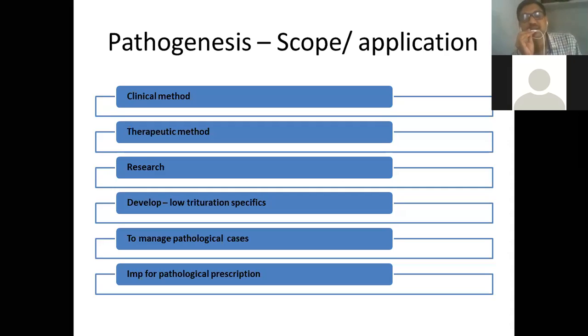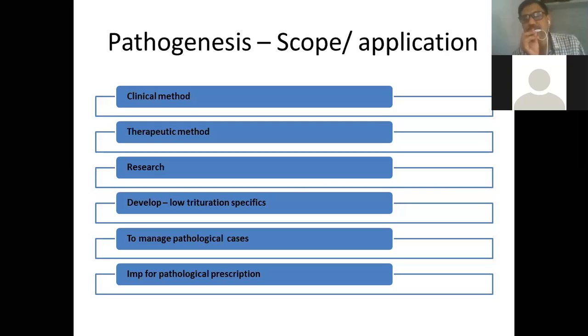And then, very important, this knowledge has applications even today in certain types of cases. This knowledge is good to develop low trituration specifics. Now, what is this low trituration specific? I must explain. Low trituration is usually the decimal scales.